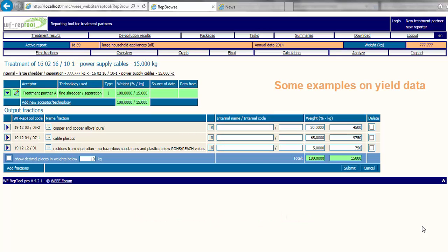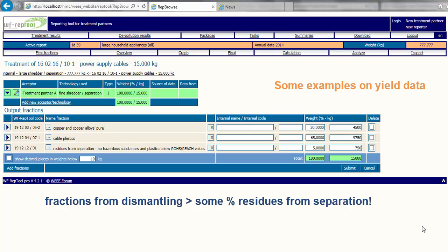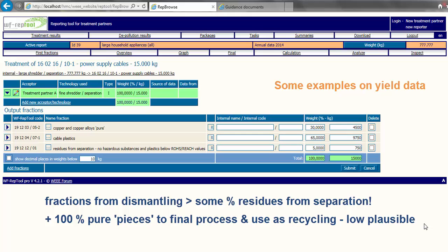As some first examples, please consider when you forward fractions from dismantling, so plastic parts, glass parts or similar, to further processing. There will be, most of the time, some percent of residues from separation. 100% of pure plastics or glass pieces as yield fractions going to any final process and the use being classified as recycling is low plausible and should be checked.